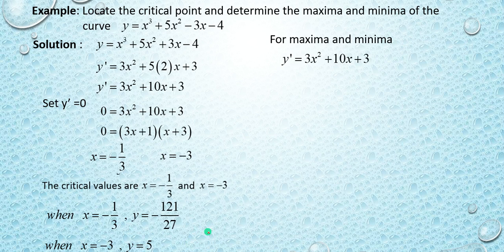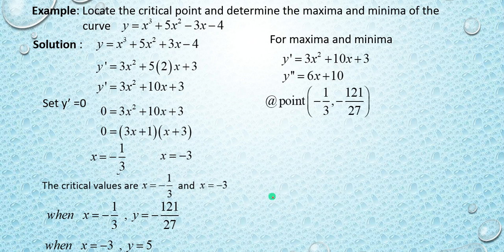From the first derivative, now we find the second derivative. Y double prime equals 6x plus 10, and use the critical points at point negative 1 over 3 and negative 121 over 27.